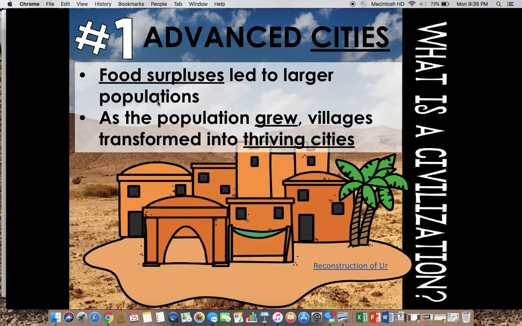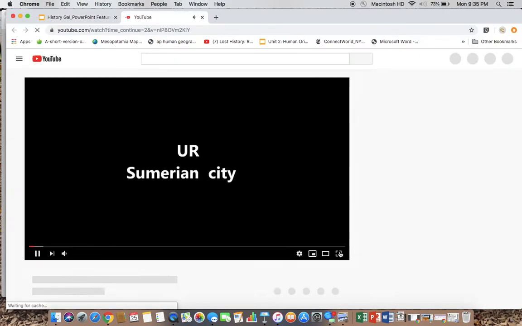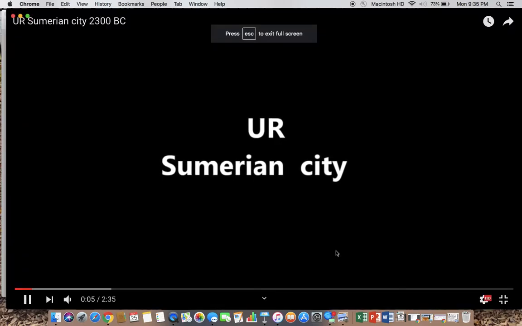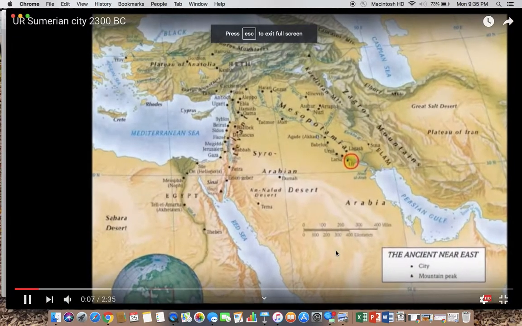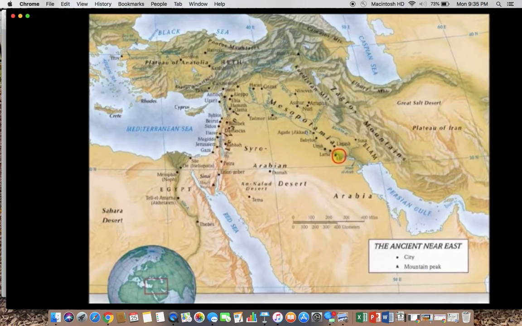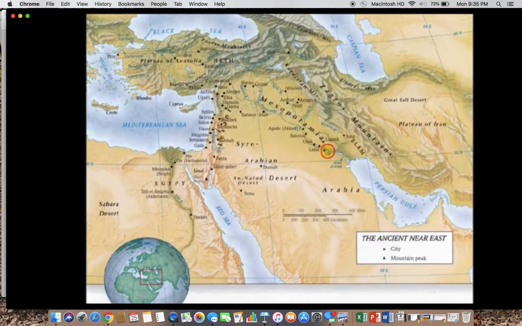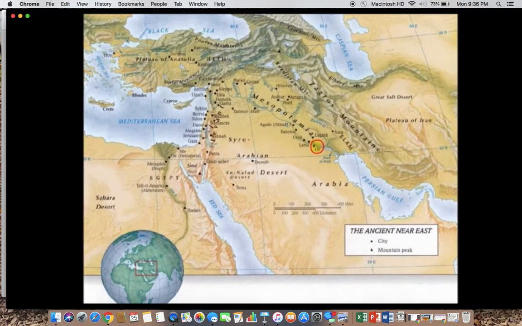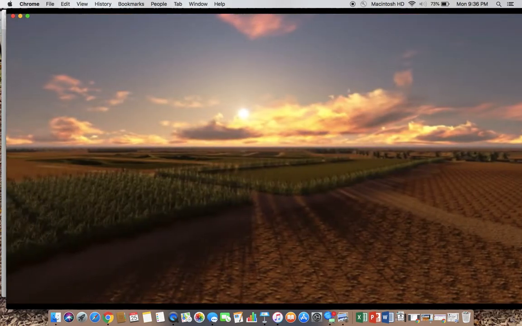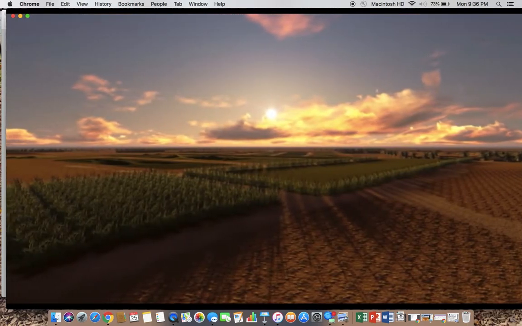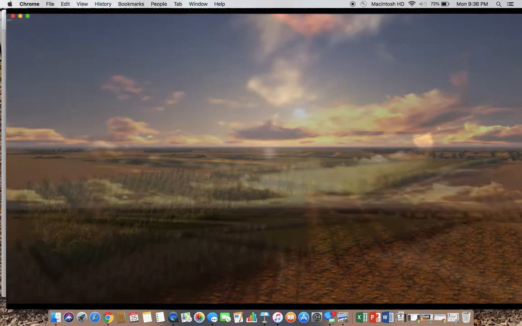Okay, so I hope you learned a little bit. There's one more thing I want to show you. Like I said, I just showed you, this is a reconstruction of the Sumerian city of Ur. So those are the fields.